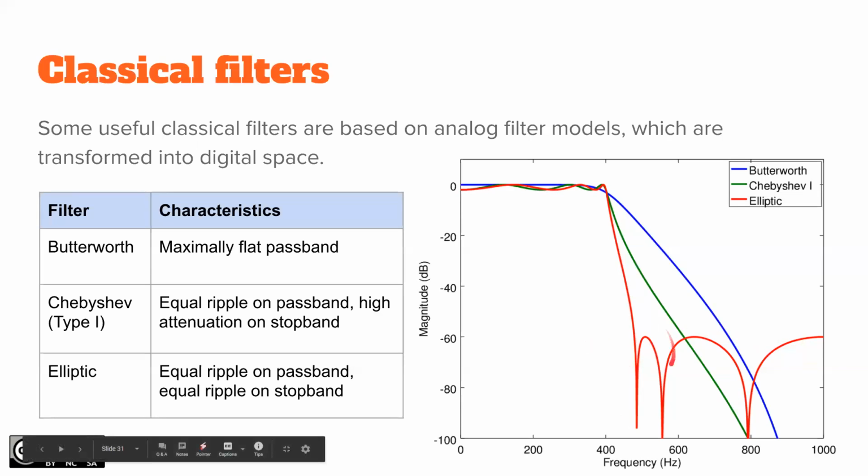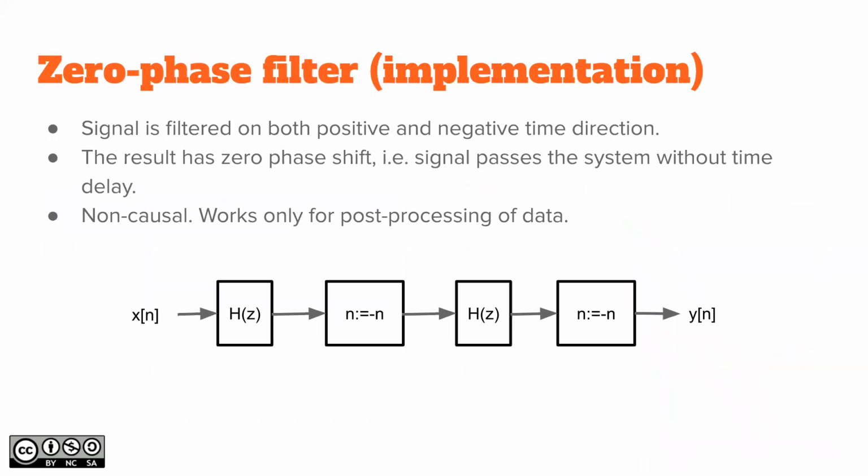So it has also these zeros on the stopband to stabilize the stopband attenuation at a certain level. Okay, but anyways, these are classical filters based on analog filters and transformed into digital space using bilinear transformation.